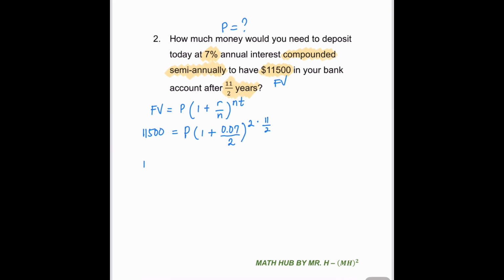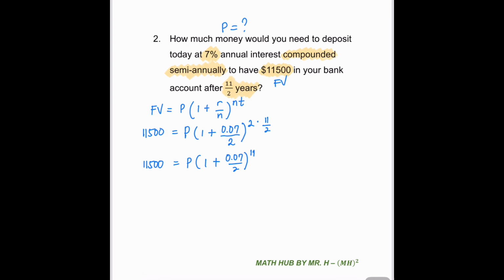And next we can carry on simplifying the right-hand side of the equation. So P times 1 plus 0.07 divided by 2 to the power of, so 2 times 11 over 2 is 11.